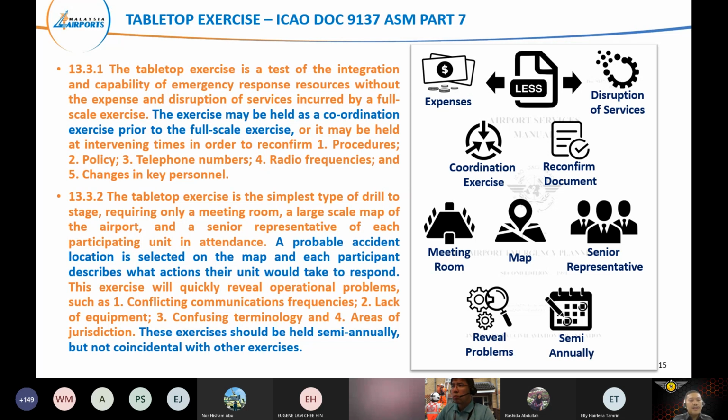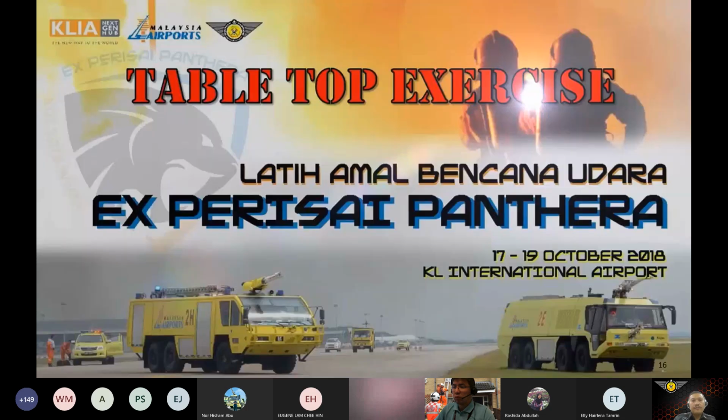So why do we have this tabletop exercise? It will reveal operational problems such as conflicting communication frequencies, lack of equipment, confusing terminology, and areas of jurisdiction. So it needs to be conducted semi-annually, every 6 months.